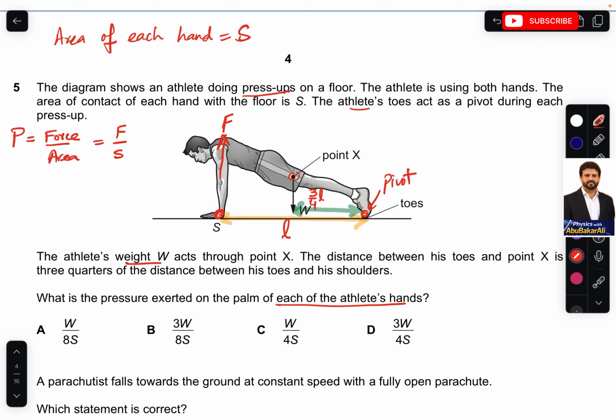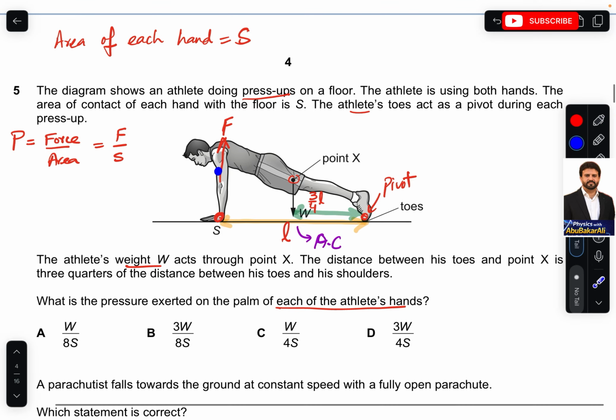The pivot point is a hint that you have to use the moment concept. This weight is acting downward and this is the pivot point, so this will move the person in this direction. You always have to bend your arrow towards the nearest side of the pivot point.